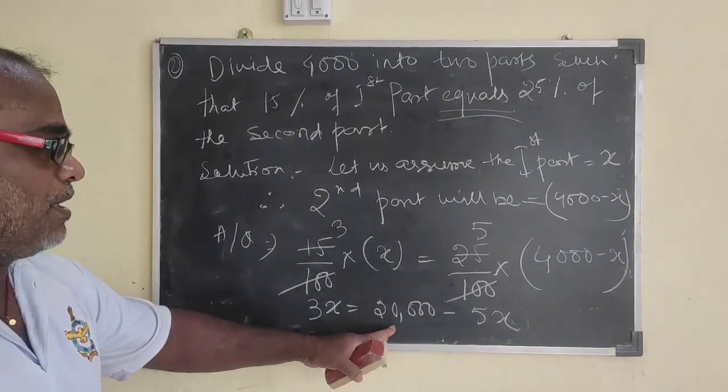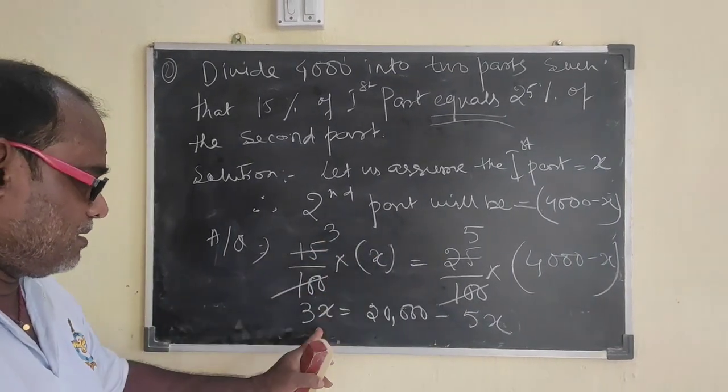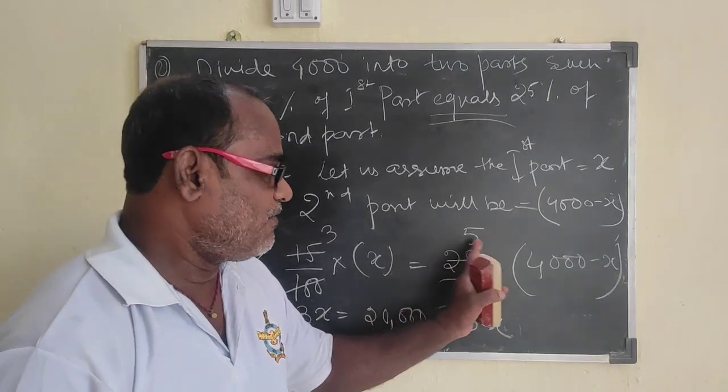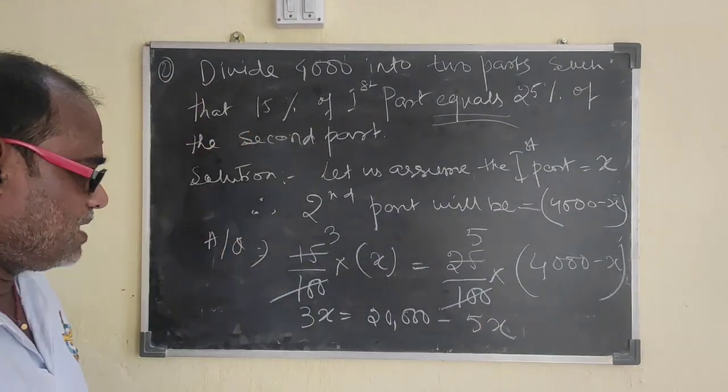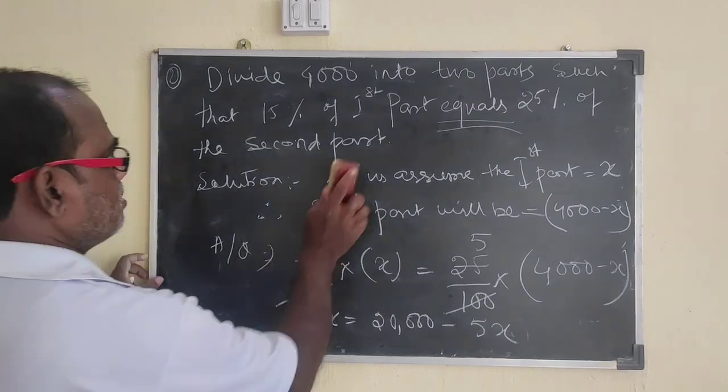Before doing this step, check once more: 3 into x is 3x, 5 into 4000 is 20,000, 5 into minus x is minus 5x. Bring the minus 5x to the left-hand side and you get 8x = 20,000.